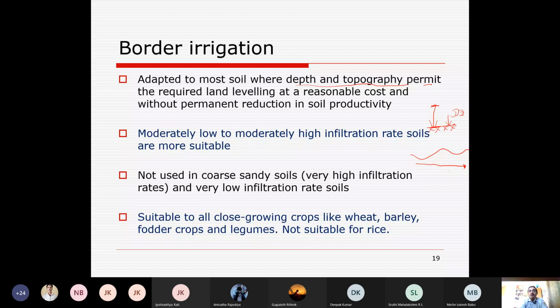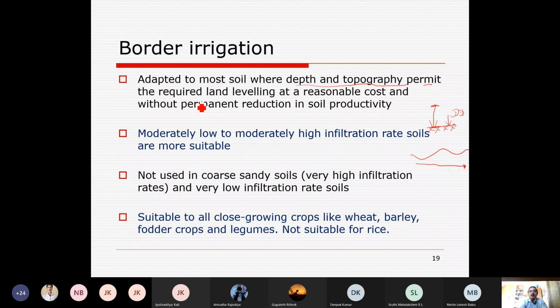The topography should permit the required land leveling at a reasonable cost. It is not like dunes where you are removing everything to make a border irrigation facility. But if it is within a reasonable cost, and we can develop the field without permanent reduction in soil productivity, we can go for this.